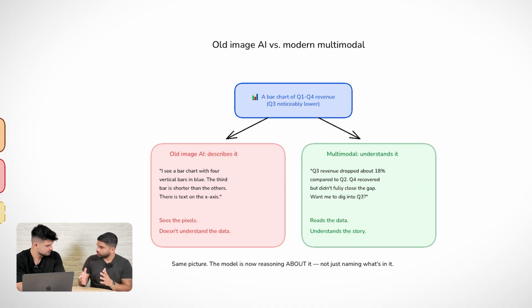The multimodal LLMs that we use are trained on the whole internet. There's so much more context, and so it's able to reason about what's inside the actual image. We gave it a bar chart of revenues all the way from Q1 to Q4, and it was actually able to reason and notice that there was a dip in Q3, something that the old models weren't able to do at all.